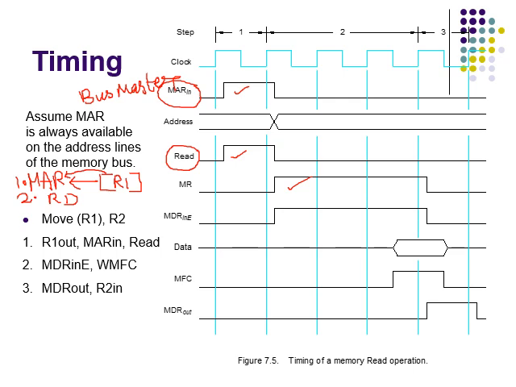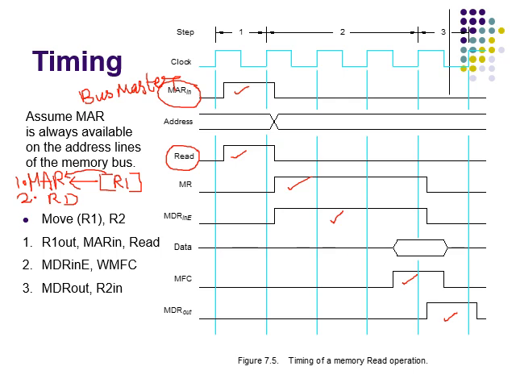So you can see it here. As MDR in is being activated and MFC is being activated at the end of the clock cycle, in the next clock cycle the MDR out is activated to transfer the data to register R2.